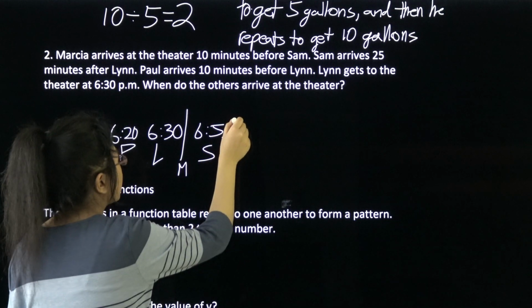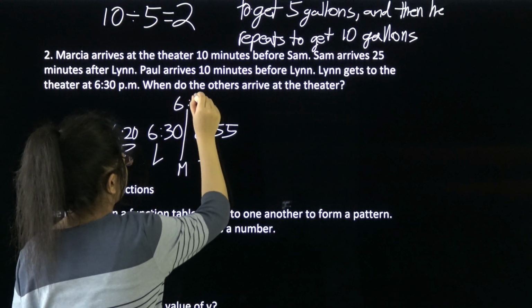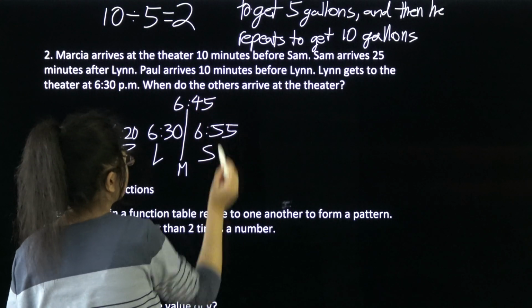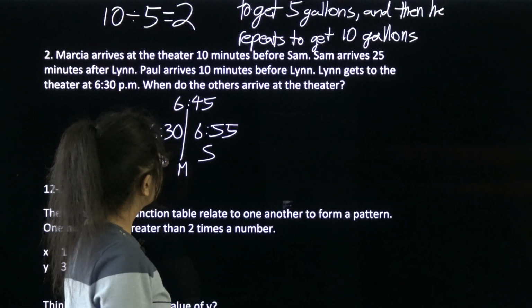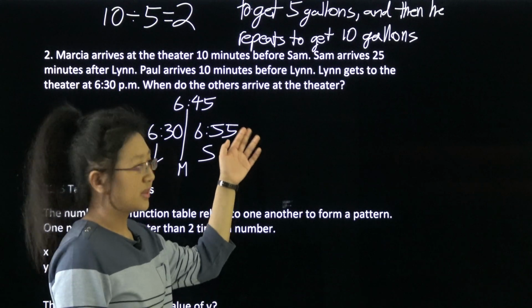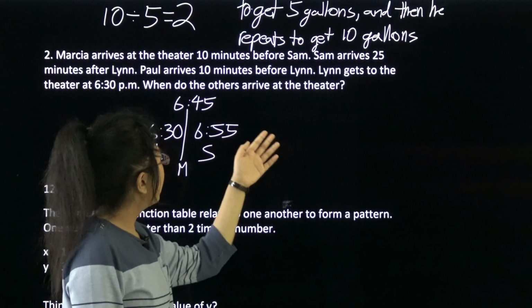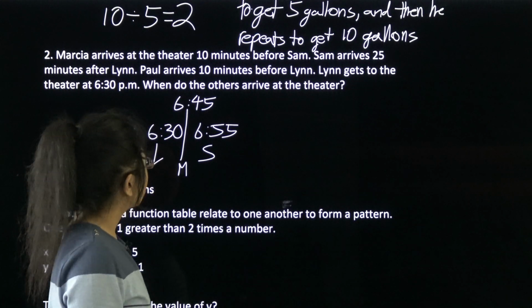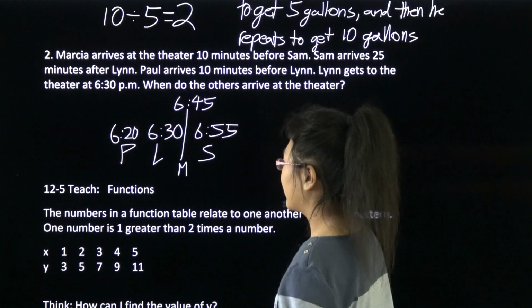And 10 minutes before Sam would be 6:45. Now, if you want to put this into a full sentence, it would be Paul arrives at 6:20, Marsha arrives at 6:45, and Sam arrives at 6:55. That's it. Now we move on to the next section.